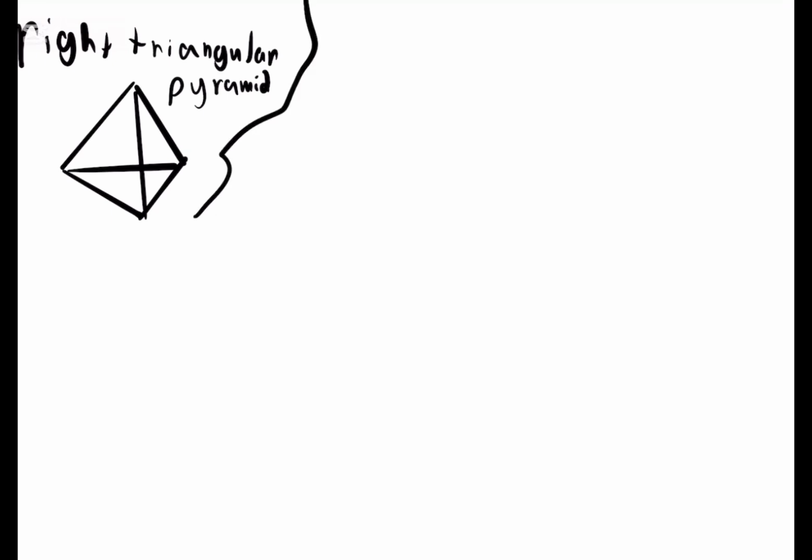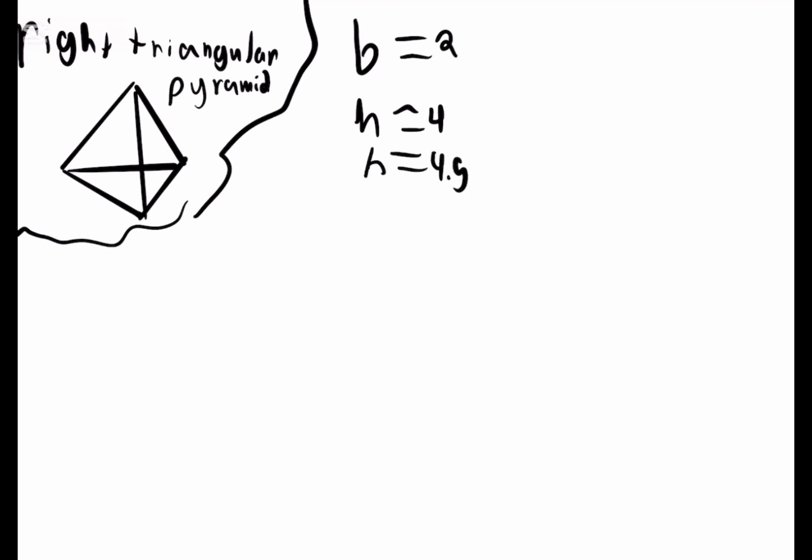So, if our base is 2, the height of our triangle would be 4, and our L would be, our height for the pyramid would be 4.5, and our length for the pyramid is 5.